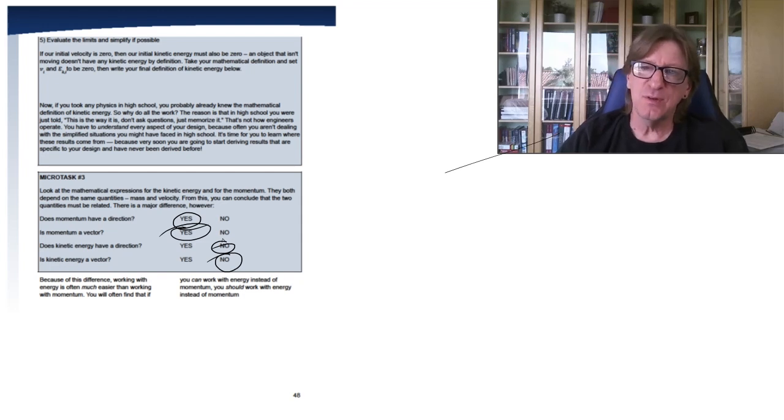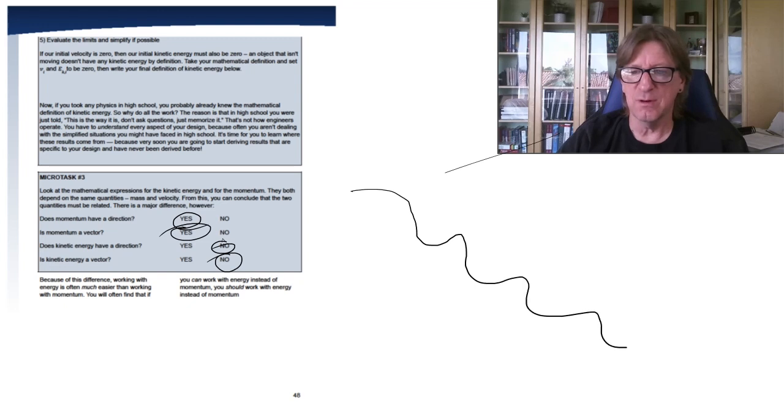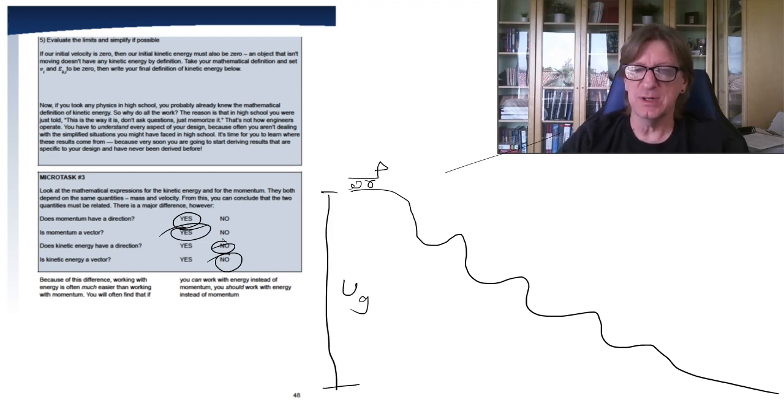Now let me give you one last little thing we may eventually work on. Let's say you've got a roller coaster that goes like this, and it's this crazy loop. This would come up over and then plummet down. So up here, before the robot starts moving, it doesn't have any velocity at all, but it does have some stored energy. It's got some of that gravitational potential energy.